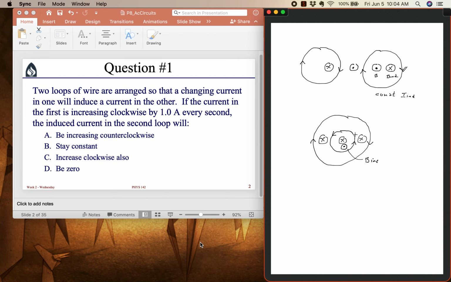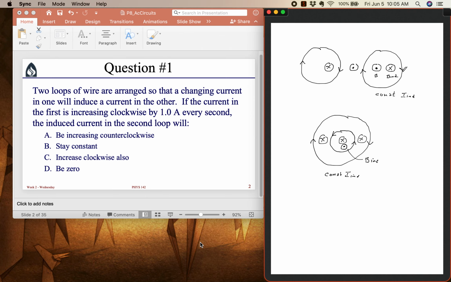this outer loop has a current that's increasing steadily, then there will be a steady increase in the flux through the secondary loop that is into the screen, and so the response and the current will also be steady. So there will be a constant I induced in the secondary, and it will be going in the opposite direction to this first scenario.